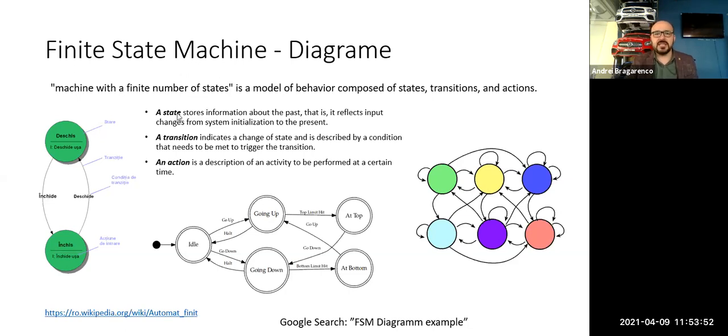So a state stores information about the past. What does that mean? That we could reach one specific state only by going through some previous states. Let's say the top we can reach only by going up, via idle, via bottom, but anyway we can reach the top this way.